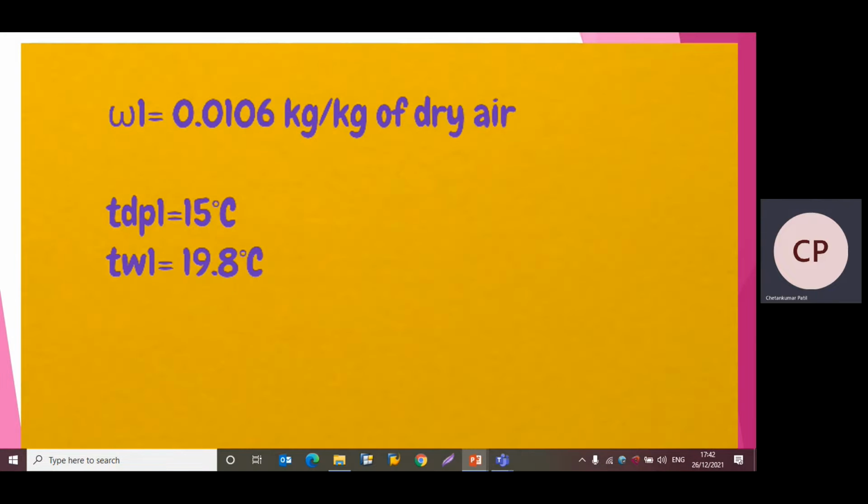What is omega 1, that is, the specific humidity at point 1? That also we have to note down: 0.0106 kilogram per kilogram of dry air. Then TDP1, the dew point temperature, is 15 degrees Celsius and the wet bulb temperature is 19.08 degrees Celsius, which we have already selected.